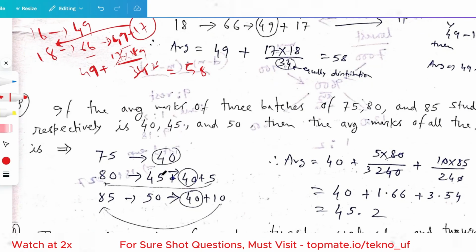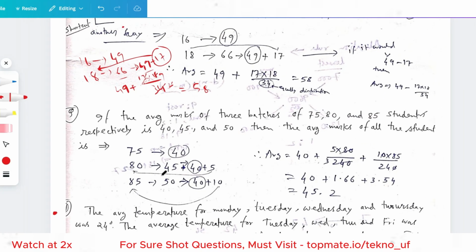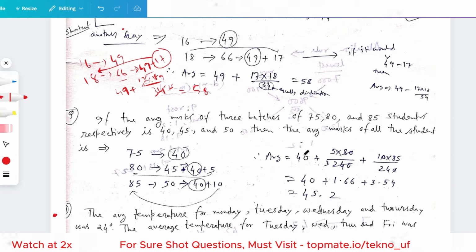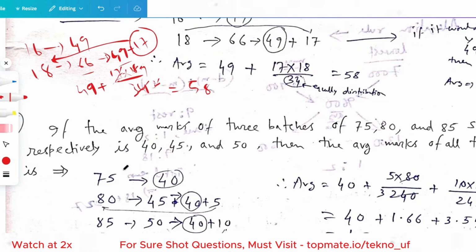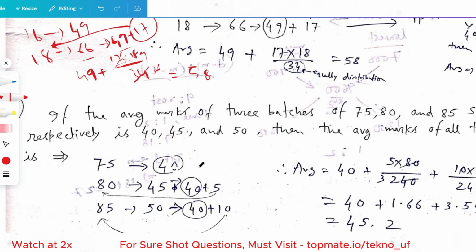So the next problem is, if the average marks of three batches of 75, 80 and 85 students respectively is 40, 45 and 50, then the average marks for all the students will be what? So here the solution is already mentioned, so let me just show how it is becoming. So 75 students, average is 40, and this is the lowest average among all of these, right?